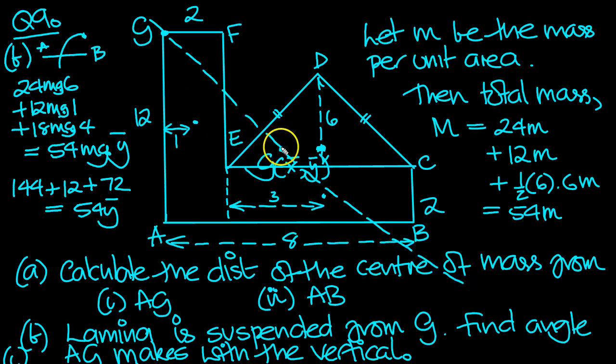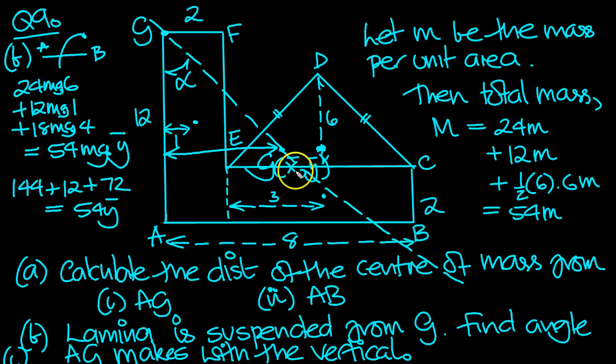Now the centre of gravity, so there's our vertical line. We want to find out this angle here. AG makes with the vertical. This is AG. We need to find out that angle here. Let's call it alpha.